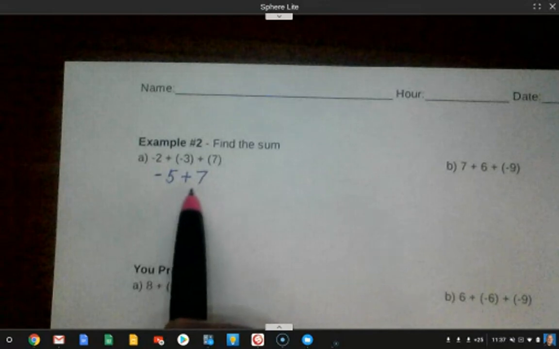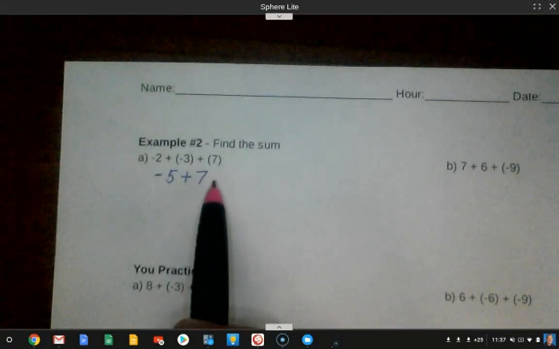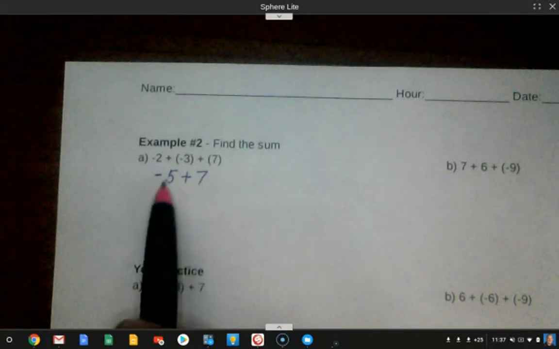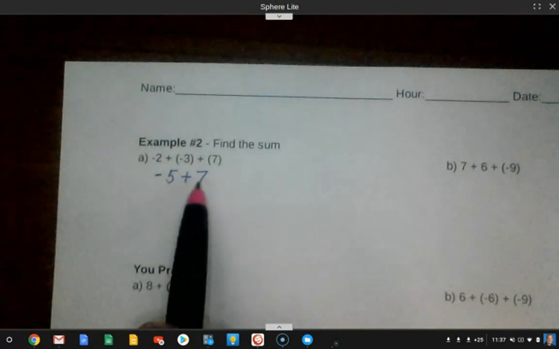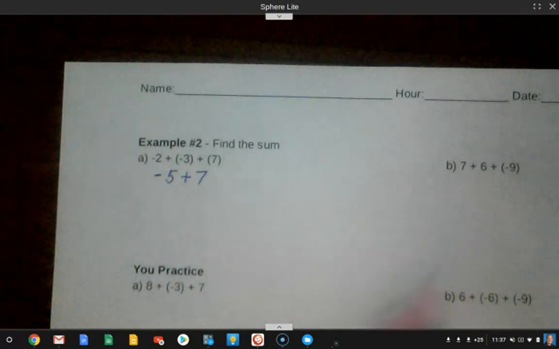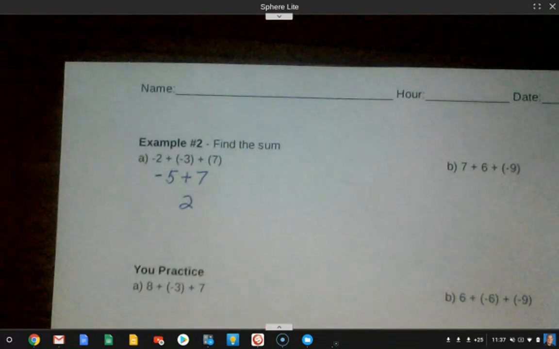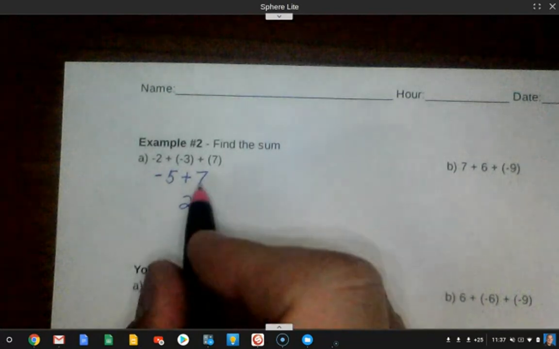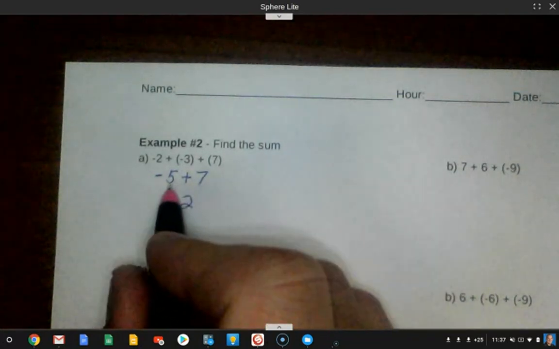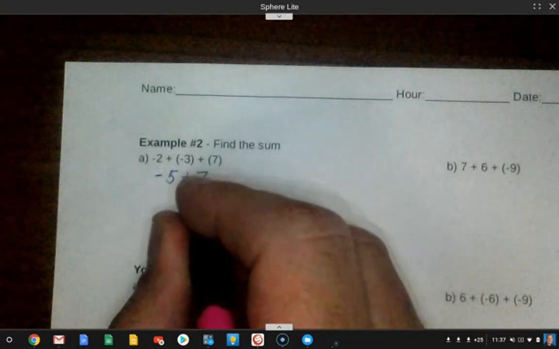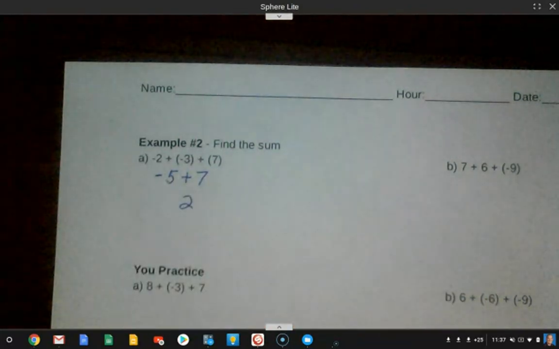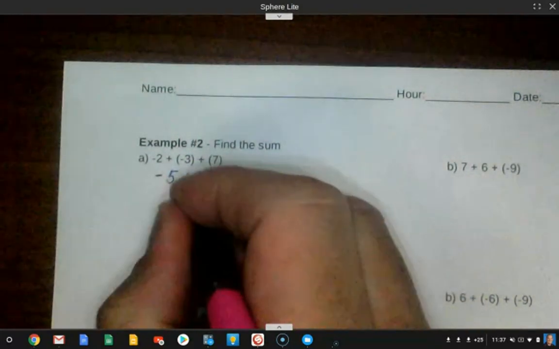So remember the tune: same signs add and keep, different signs subtract. So we are going to subtract these numbers. 7 minus 5 is 2. And we're going to keep the sign of the larger number, and then you'll be exact. My larger number is 7. 7 is bigger than 5, so I'm going to keep the 7, which is positive. So 2 is my answer.